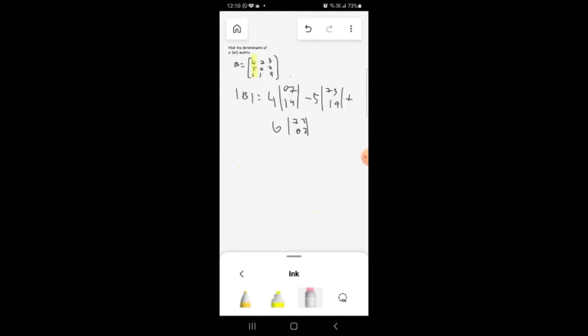Alright, let's continue with the solution of this equation.